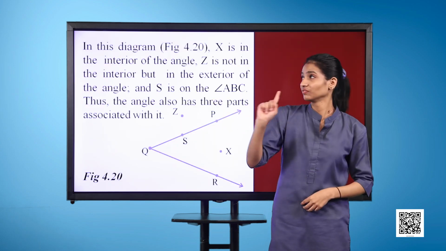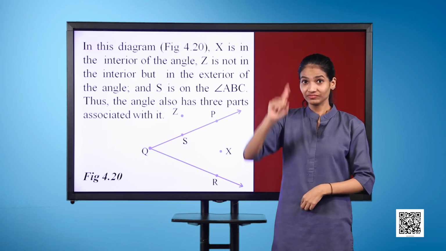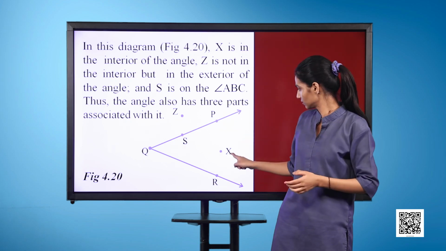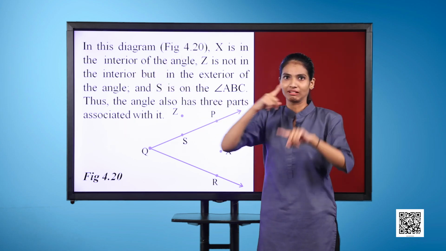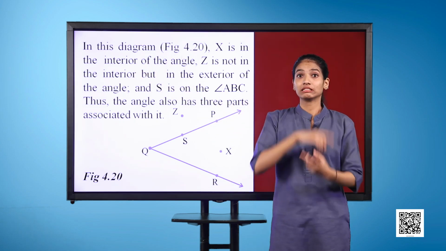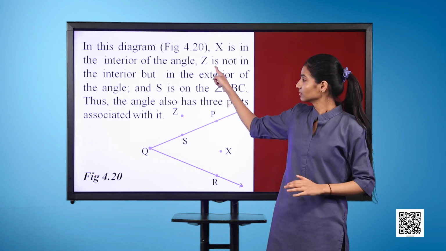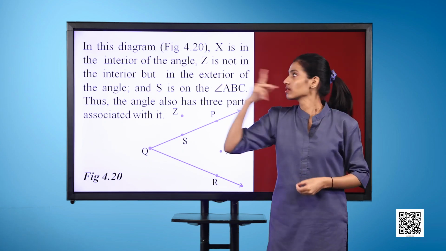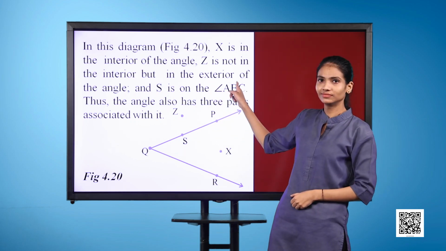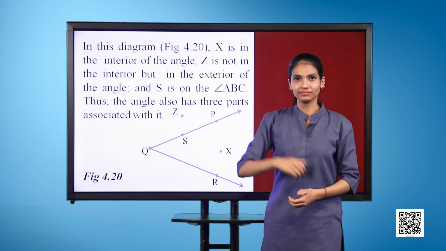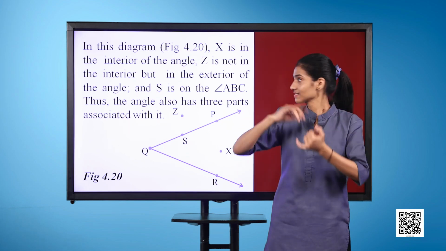In this diagram, figure 4.20, X is in the interior of the angle. Z is not in the interior but in the exterior of the angle, and S is on the angle PQR. Thus, the angle also has three parts associated with it.